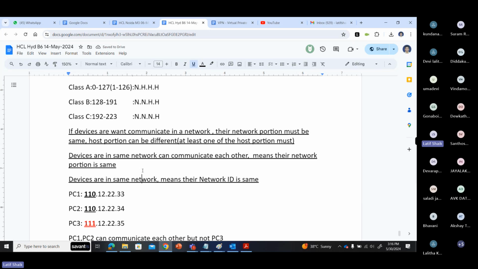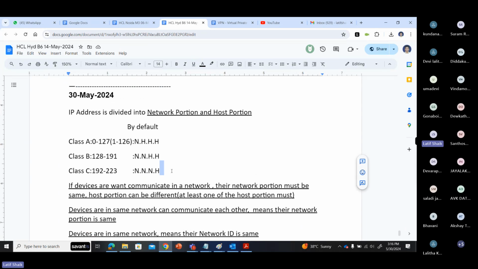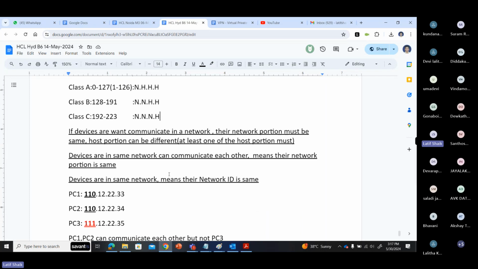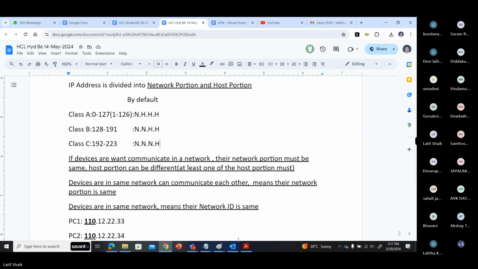These points are always important. In any local LAN network, in one single network, their network ID must be the same, and then only the devices will communicate with each other.